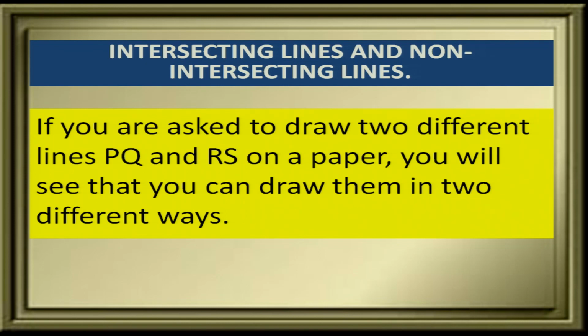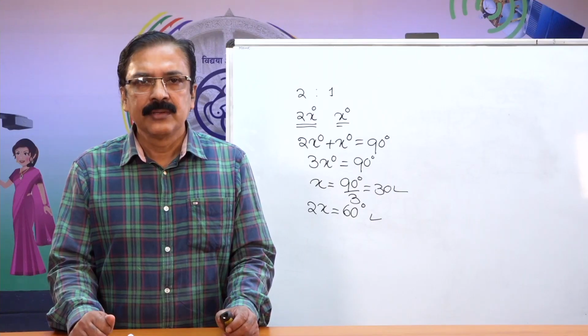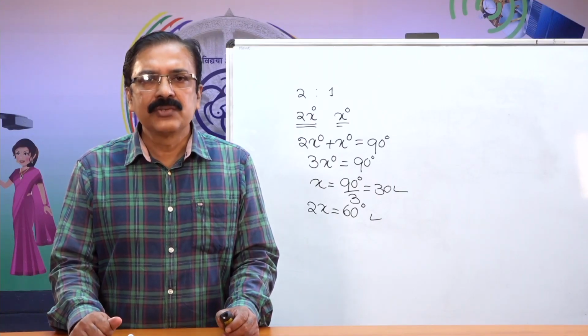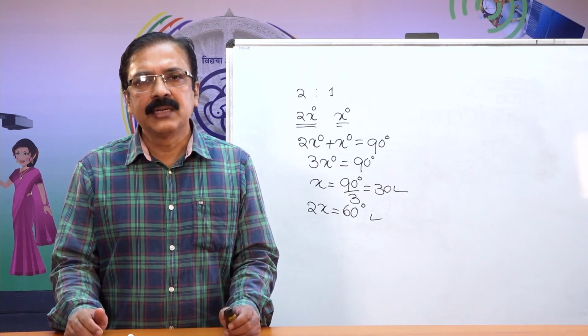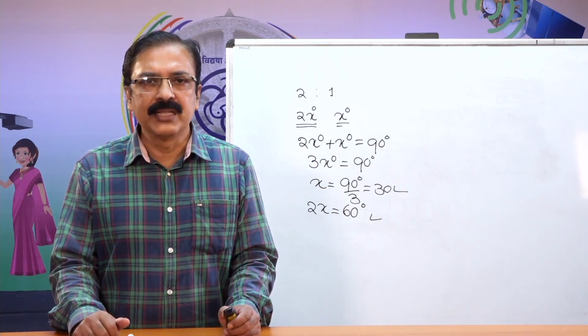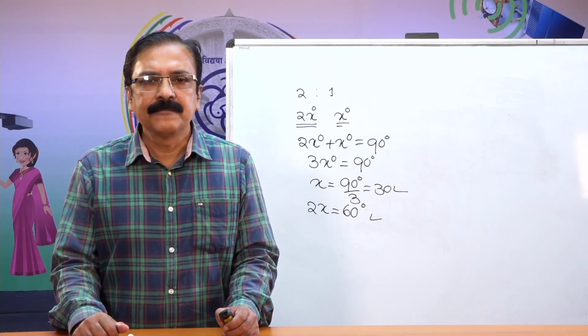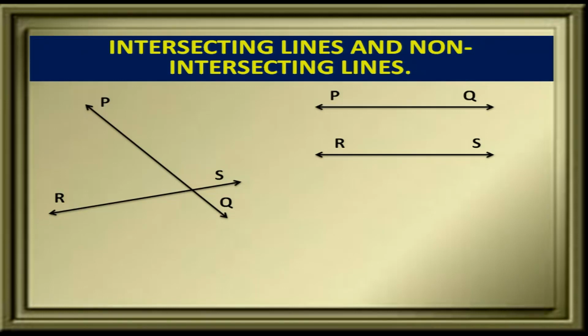If you are asked to draw two different lines PQ and RS on a paper, you can draw them in many ways. From those ways, we can categorize them into two types. What are they? See, as the figures show, we can have these two types of figures.